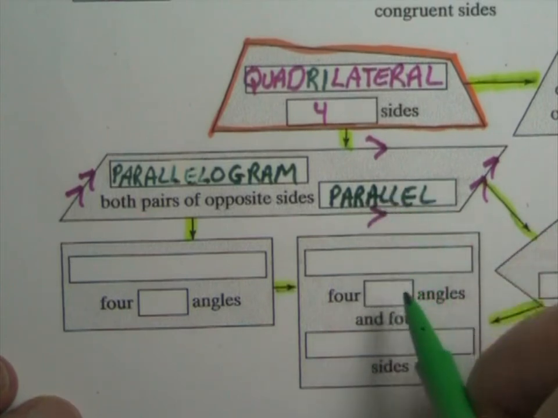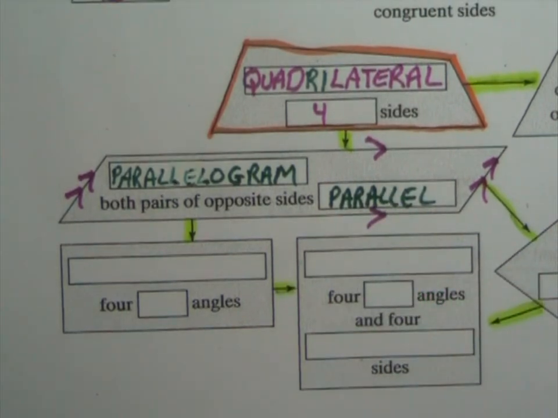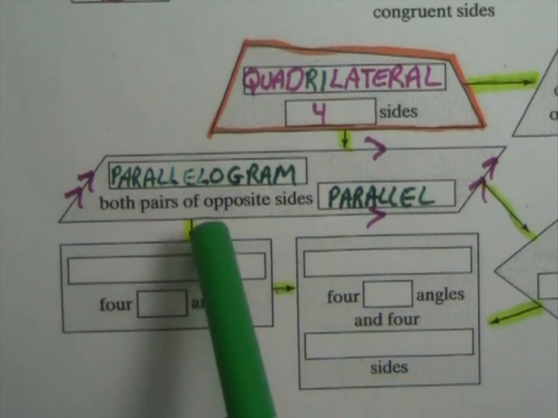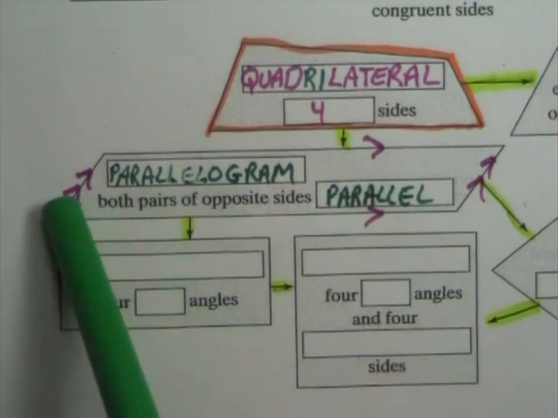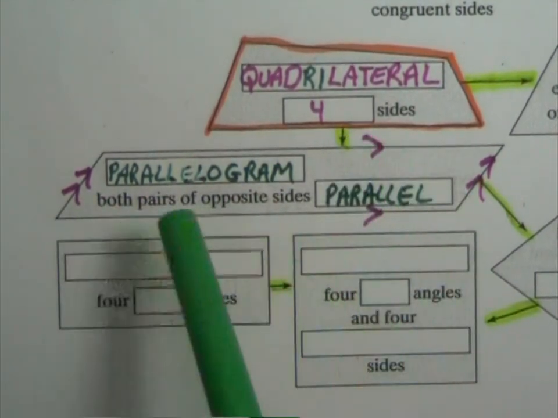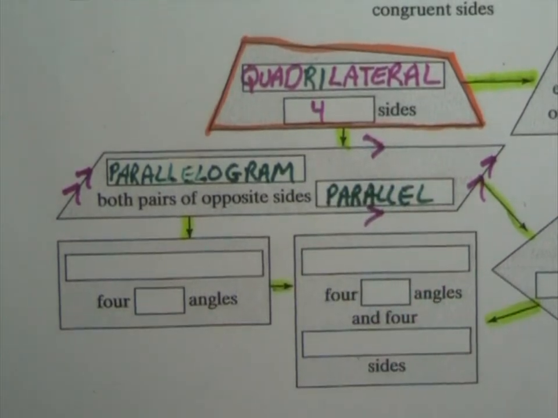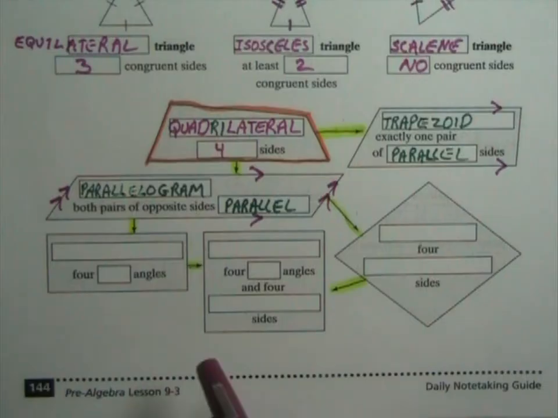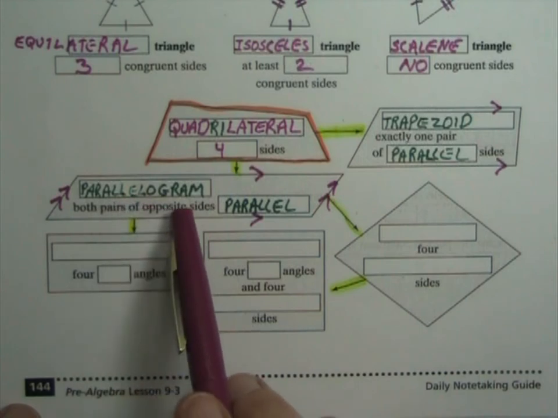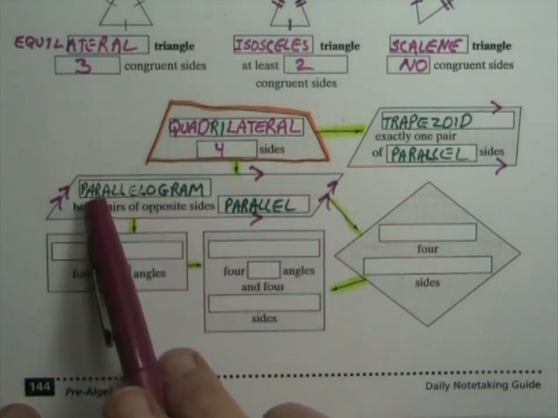Double L in the middle. So we call it a parallelogram because it has 2 opposite sides that are parallel, 2 pairs that are parallel. So here's the thing. All parallelograms have 2 pairs of parallel sides.